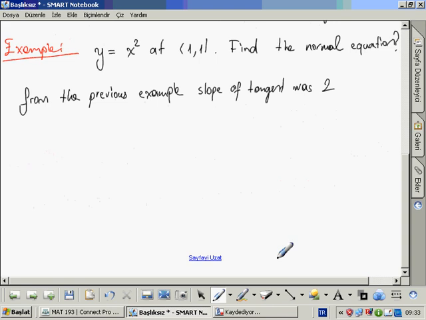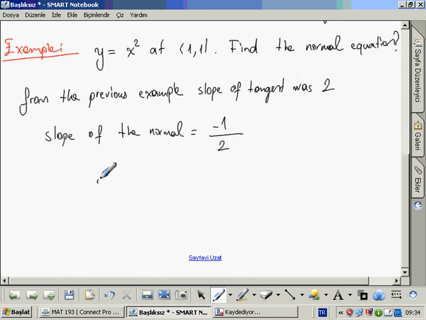So the slope of the normal equals minus 1 over the slope of the tangent line, which is 2.